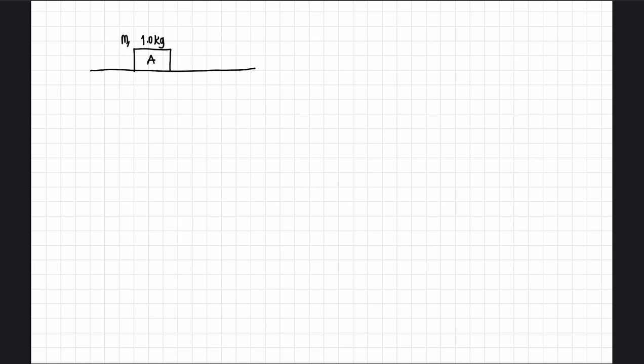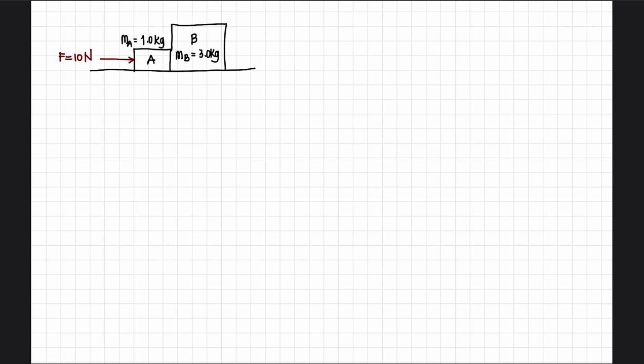That's the mass of A. And we have a bigger block, block B. And the mass of block B is 3 kilograms. In the first case, there is a force exerted on A. Actually they're sticking together, but the force is just here near A, and that force is 10 newtons. We're asked to find the force exerted by A on B.